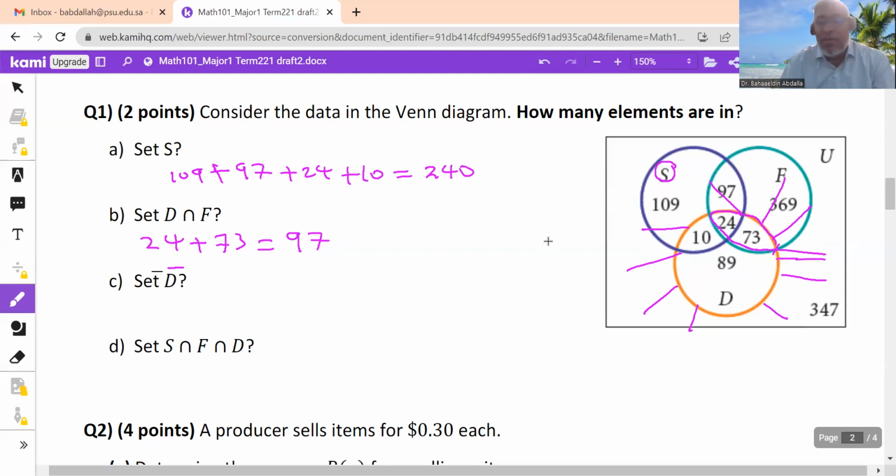Here I don't have the total number in the universal set, so I will add 347, which is outside all the three sets, plus 369, which is here in F alone, plus 97. This is also not in D, plus 109. The sum of these numbers will give you the total elements outside D. The answer is 922.